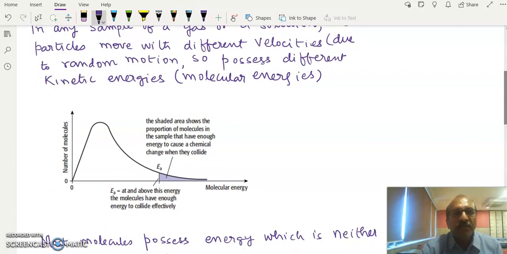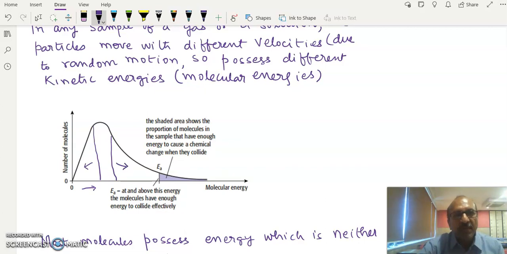On this axis, you have the molecular energy. So in this direction, the molecular energy is increasing. This region represents the molecular energies which are not too high and not too low.